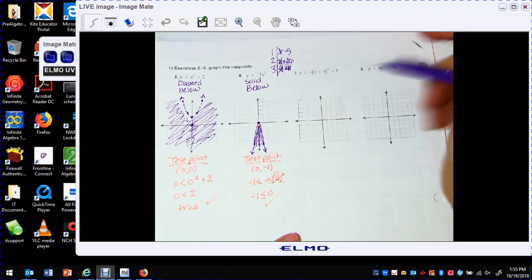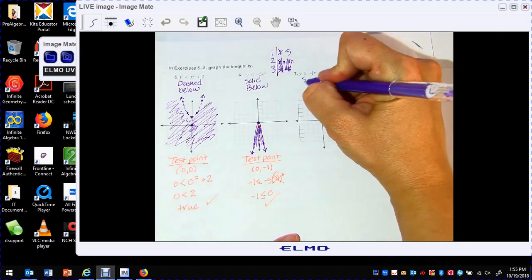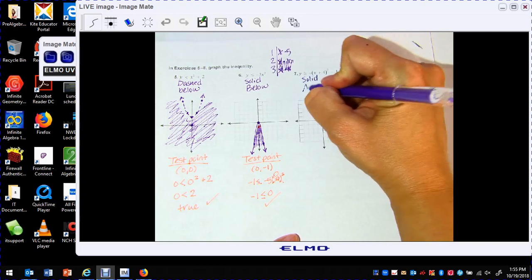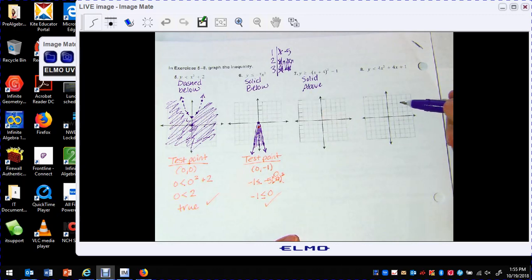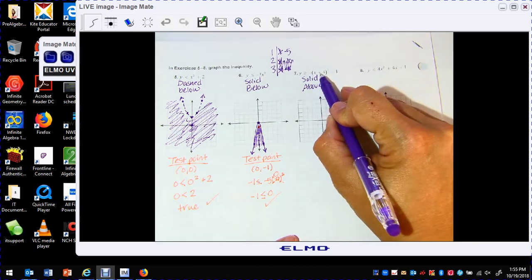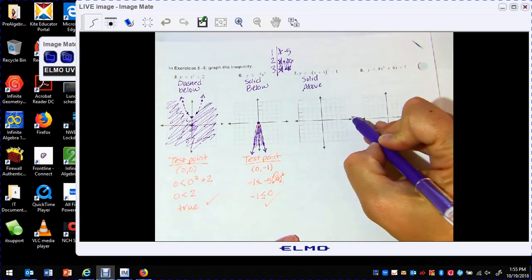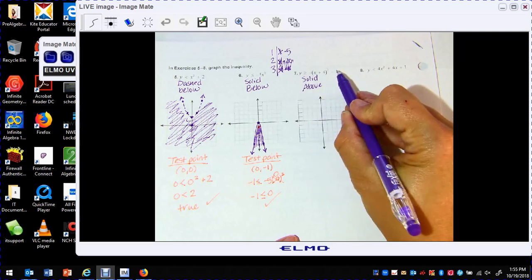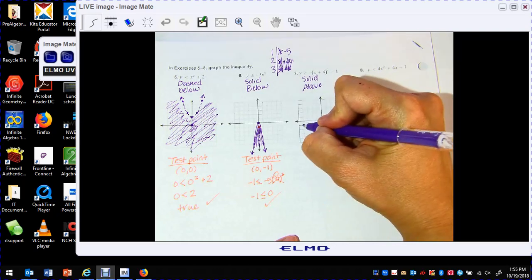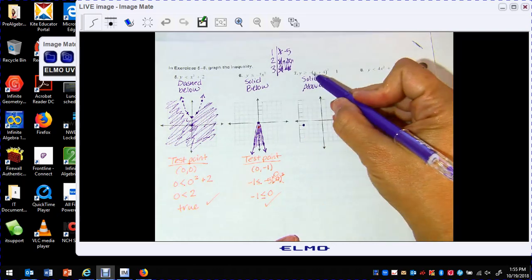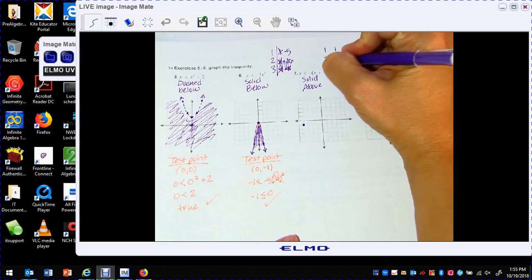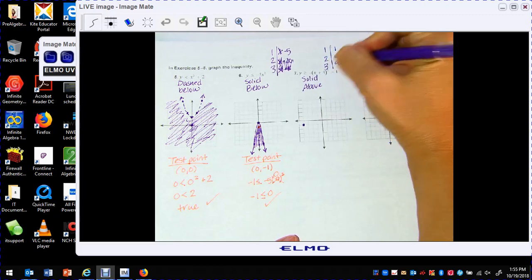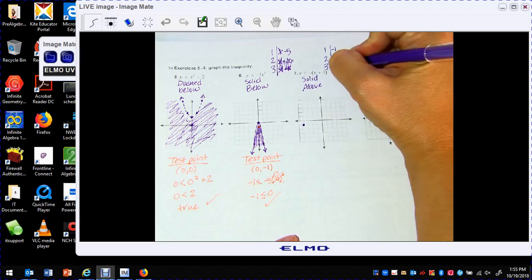All right, now this one is going to be solid, and it's going to be shaded above because y is greater than. Now I have movement left and right, so instead of going +4, we do the opposite. We go -4, and that tells me I go down 1. So there's my vertex. My multiplier is -1. So all my y values, instead of 1, 1, 2, 4, 3, 9, are going to become negative.